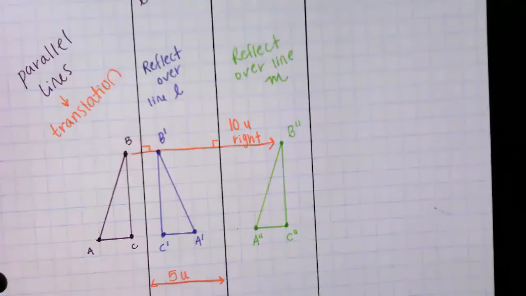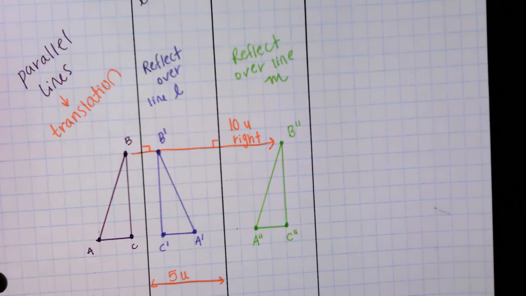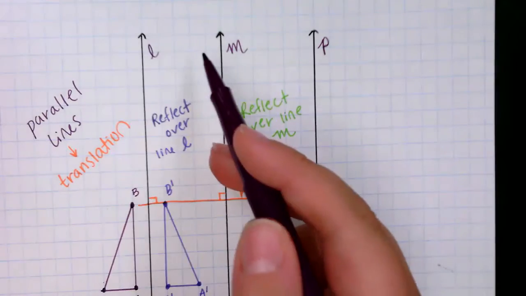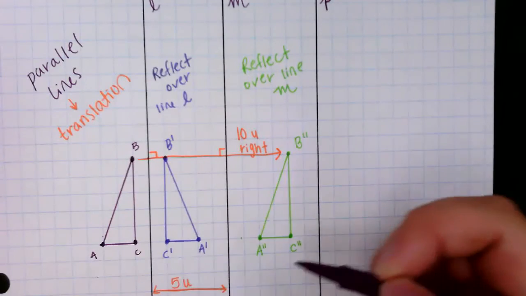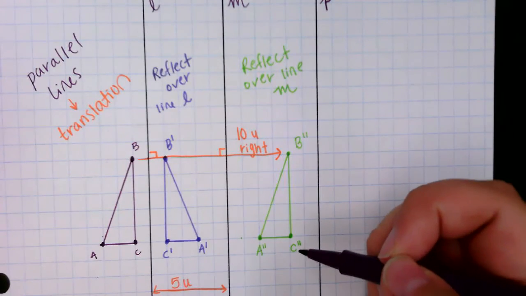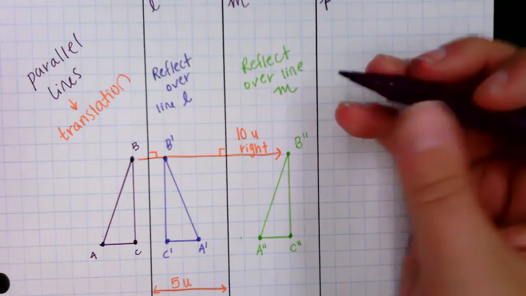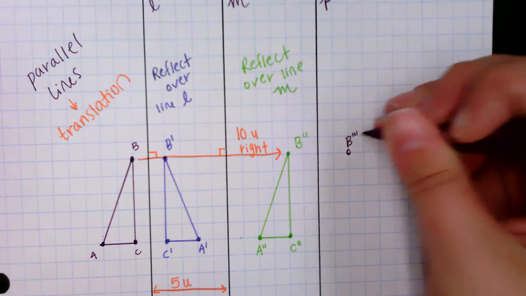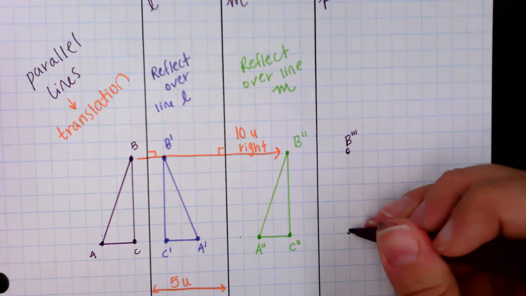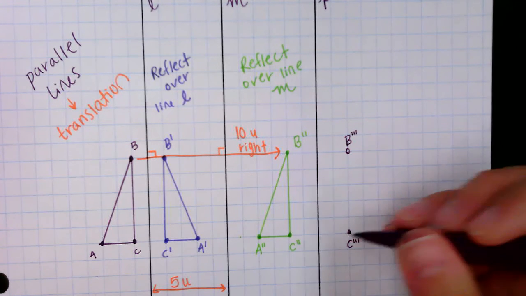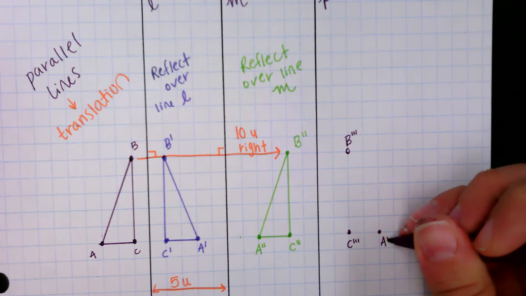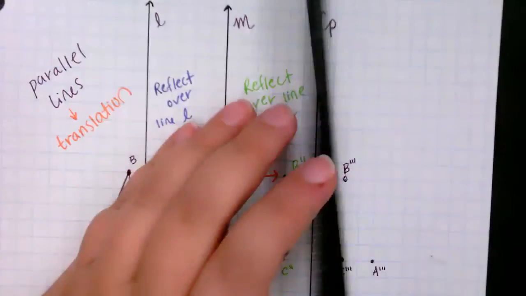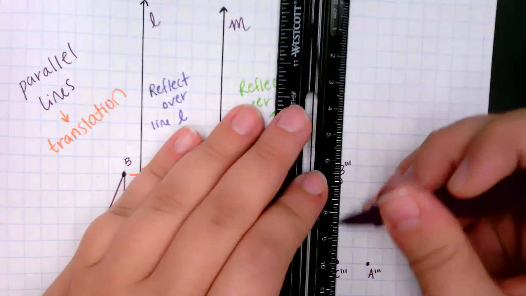So let's say line P is also parallel to L and M. Now, if I reflect A double prime, B double prime, C double prime over this line, I'm going to get B triple prime, C triple prime, and then A triple prime. I'll connect the points.